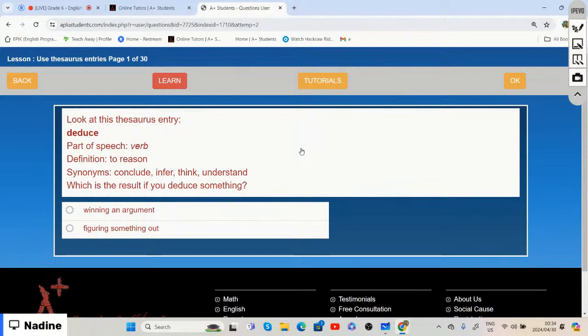All right. So deduce is a word. The part of speech means that it is a verb. It is to reason. And words that are the same or almost the same as deduce are conclude, infer, think, or understand.